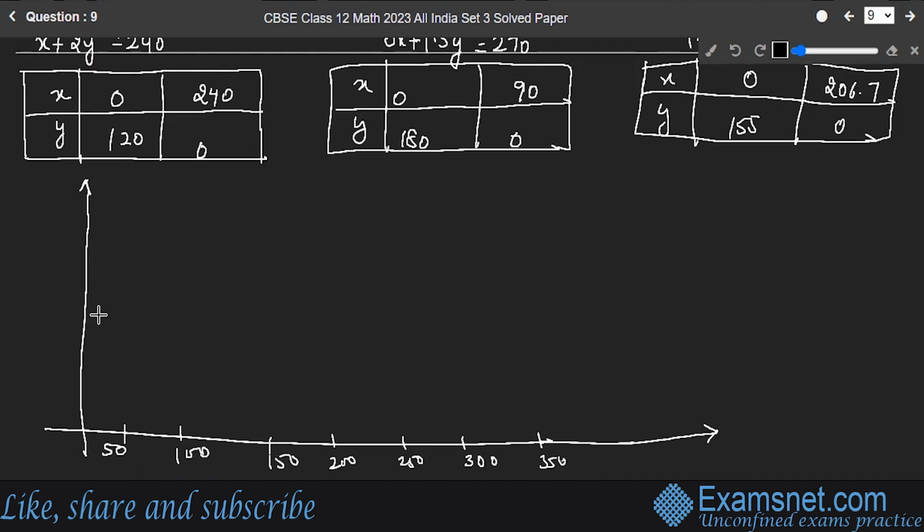Similarly here 50, 100, 150, and 200. Now let's plot the points. The very first one, x plus 2y is equal to 240. So it's 0 and 120, around here. And 240, comma 0, around here.